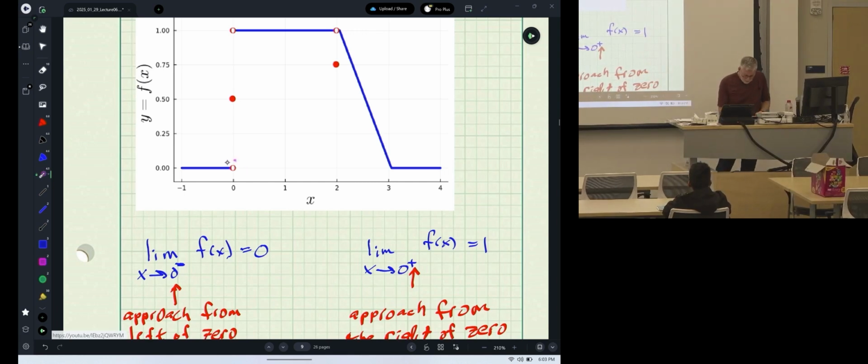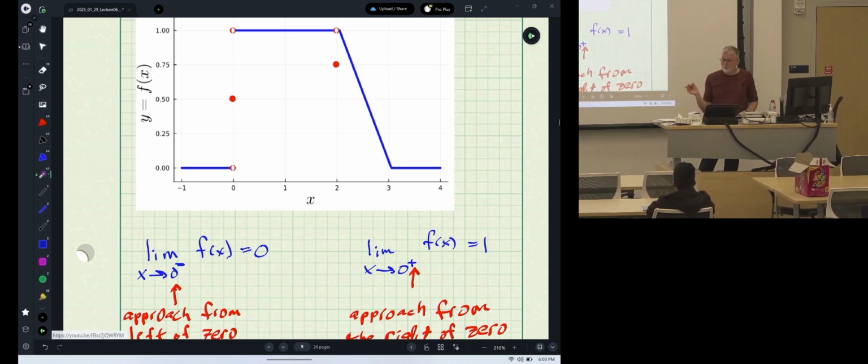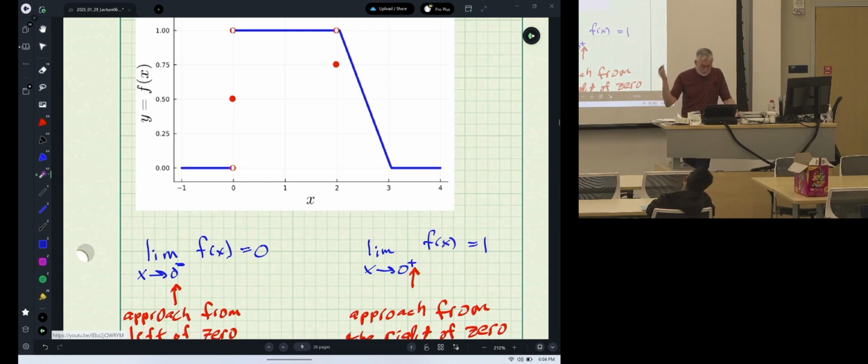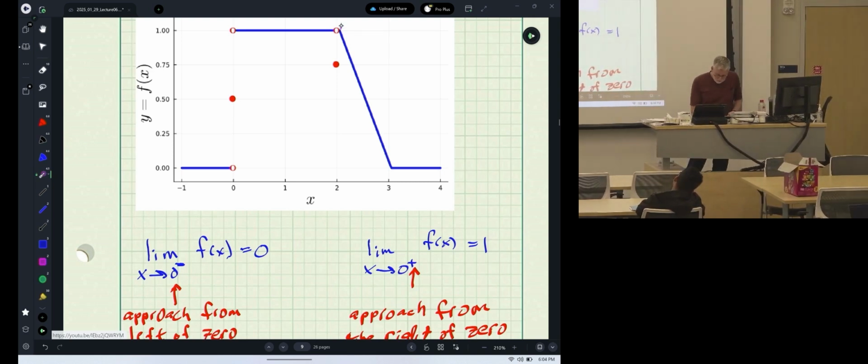Now this point, 0, is the function continuous at 0? And you would go, no, okay. We learned that in 3rd grade or something, because I had to lift my pencil from the paper to draw it, so it's not continuous. Now, what about this point? 2. The limit from the left and the limit from the right are the same.